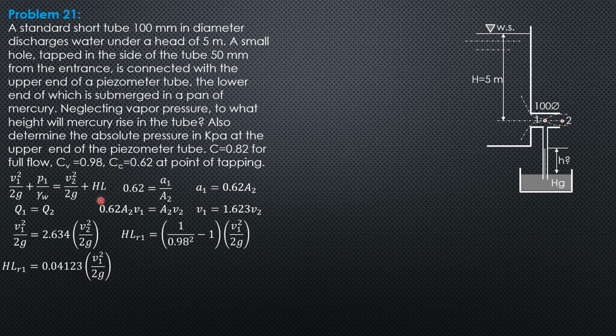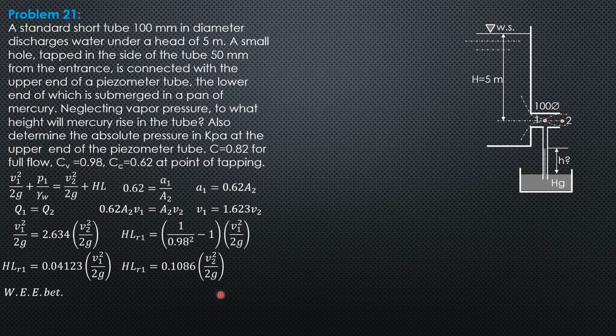That's the head loss from reservoir to 1, and this is the head loss from 1 to 2. Because V sub 1 is 1.623 of V2, 0.04123 times 1.623 squared becomes 0.1086 of V2 squared over 2g, or velocity head in terms of the velocity head at 2. So that's the head loss from reservoir to 1.